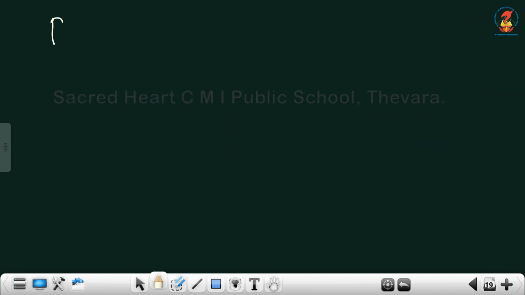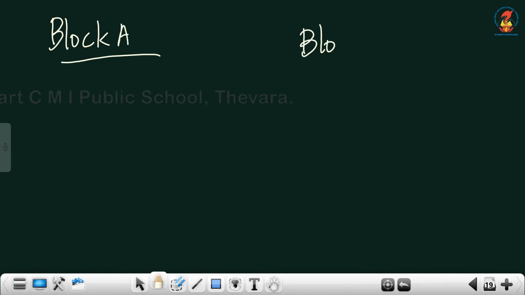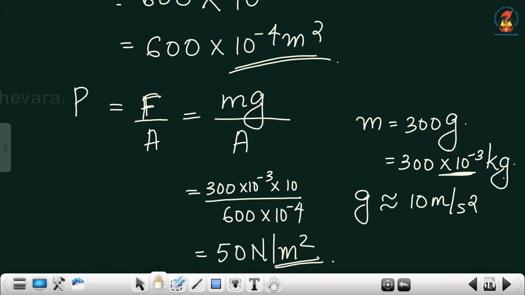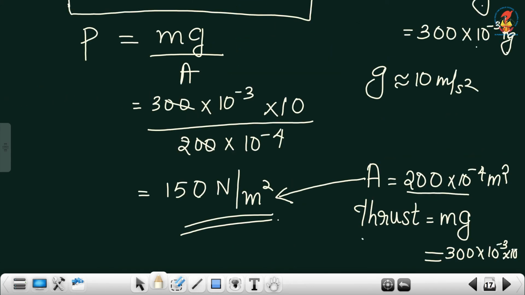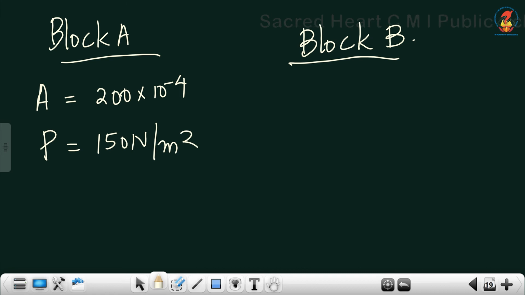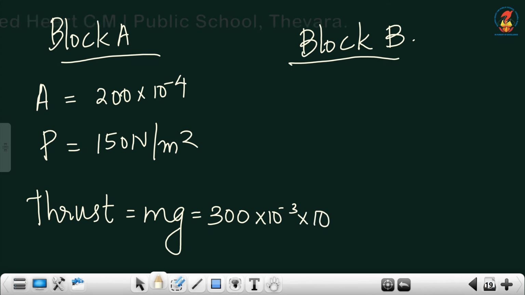When we do the calculation, let us compare the situations of block A and block B. For block A, area of contact was 200 into 10 raised to minus 4. We got the pressure as 150 Newton per meter square, and thrust equals mg, which is 300 into 10 raised to minus 3 into 10.